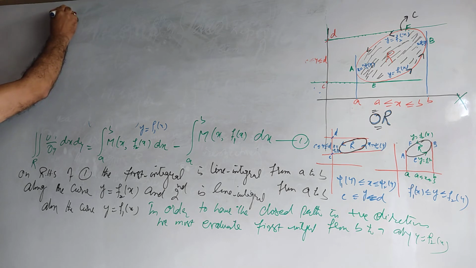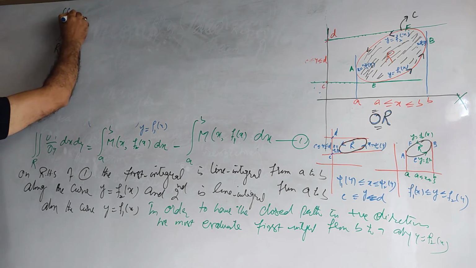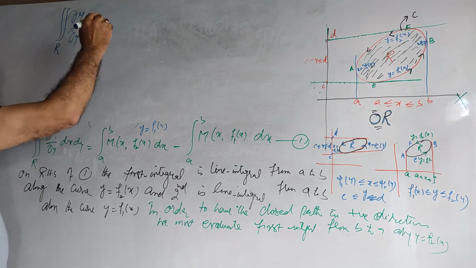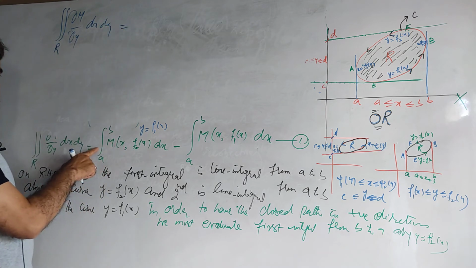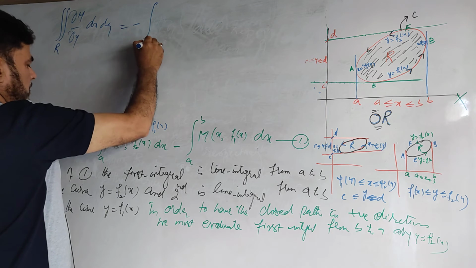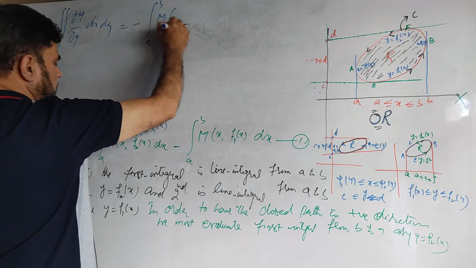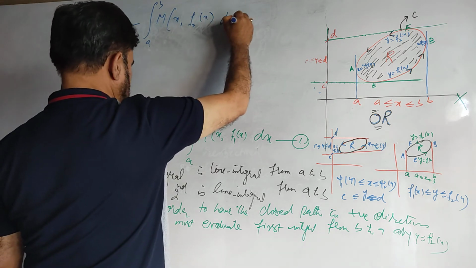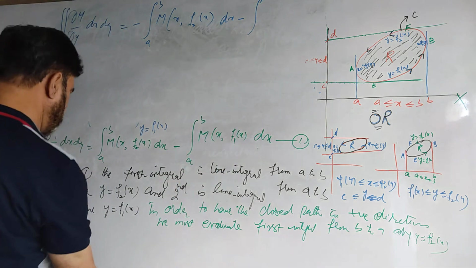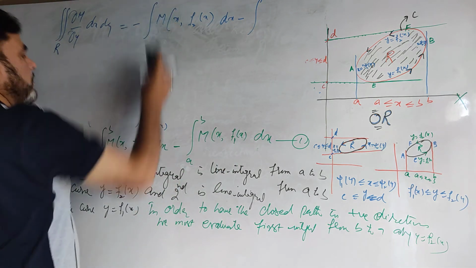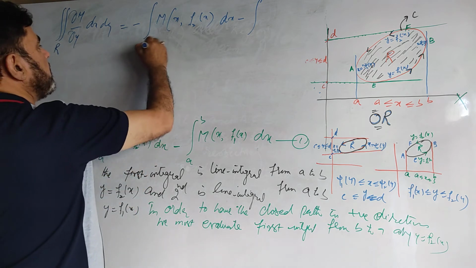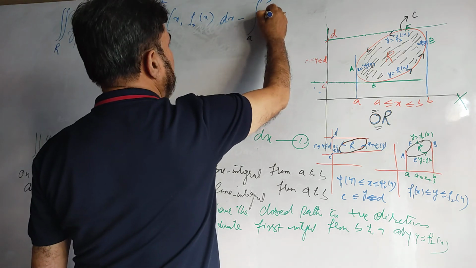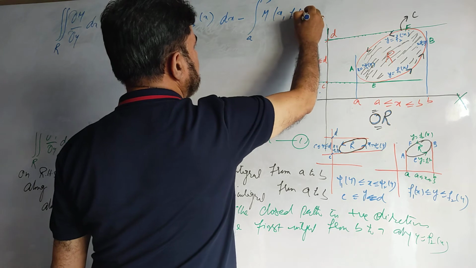It is my double integral over the region R, partial of m with respect to y, dx dy is equal to, now when we change the integral, it will be minus A to B m x f2x dx, then minus integral, this will not be A to B now, sorry, this will be B to A. Instead of B to A it is A to B, okay. This is m x f1x dx.